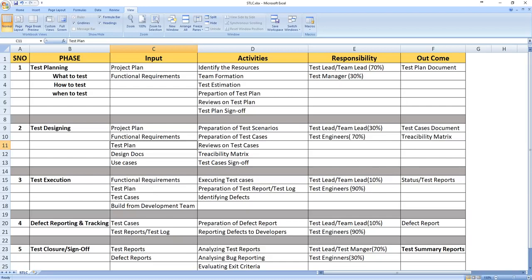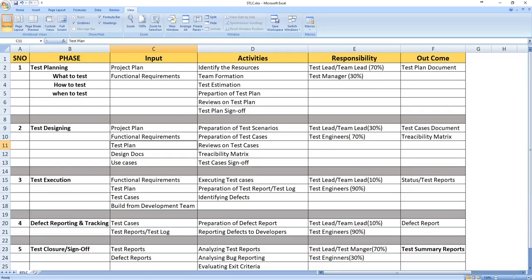Sometimes we need some pictures and diagrams and all these things. So we need to also refer the design documents, and use cases will be there. So in real time, the project manager is also having use cases. Use cases talk about the requirement basically. So in detail requirement. By seeing the use cases, we can understand in detail requirement, in detail functionality. So all these things we are going to refer during test designing phase.